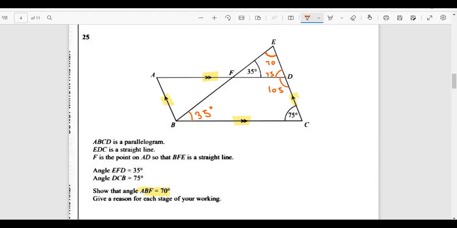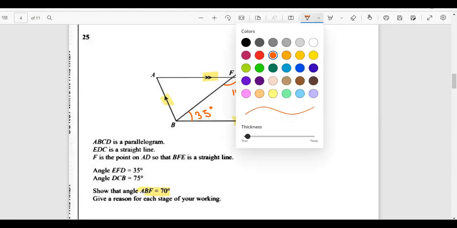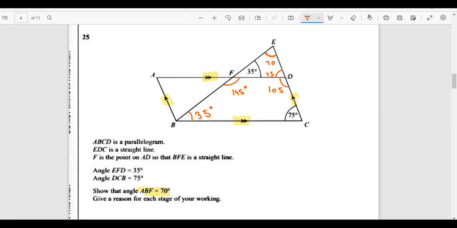Very good. And then the last one is 110 plus 105 is 215, so it would be 145, I think. Now it's asking to show that angle ABF.